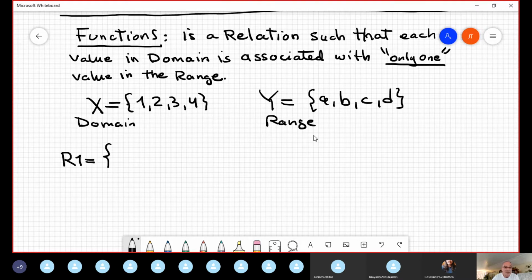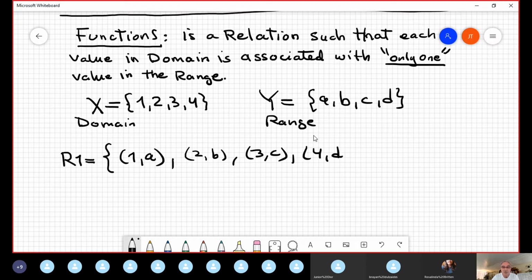For example, relation 1 is (1, A). Remember, you form the ordered pair association. You select one element in the domain and put it in the first component, and one element in the range and put it in the second component: (2, B), (3, C), and (4, D).